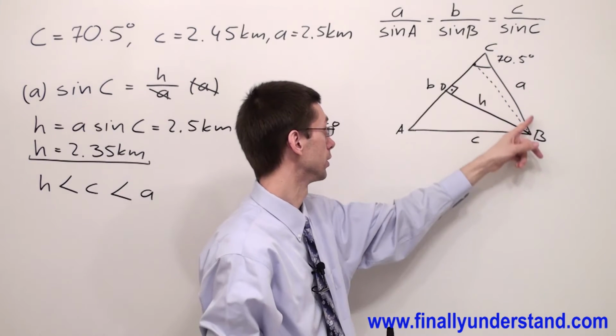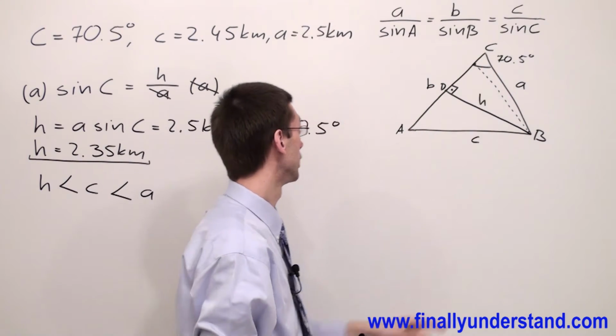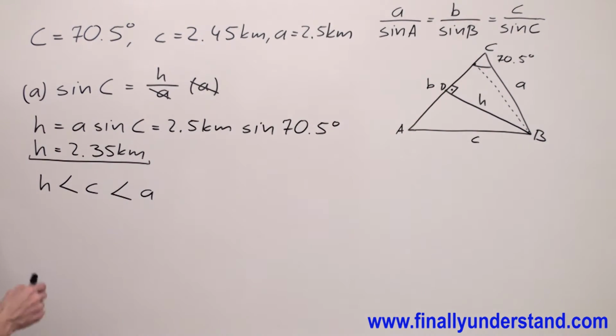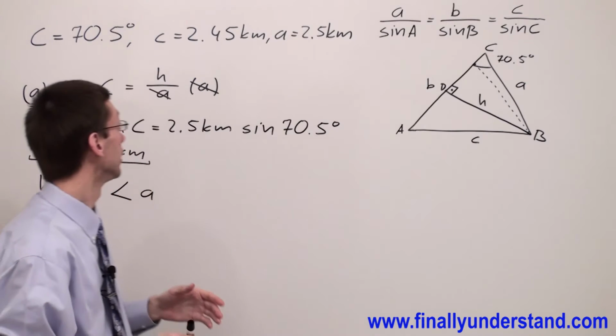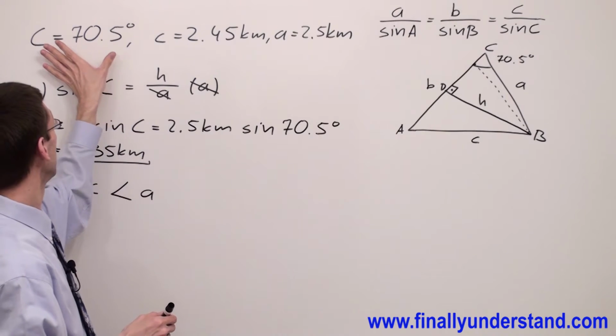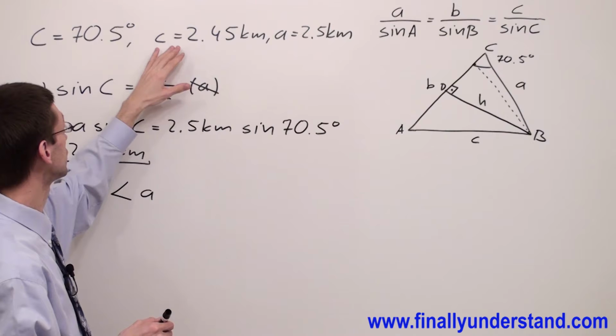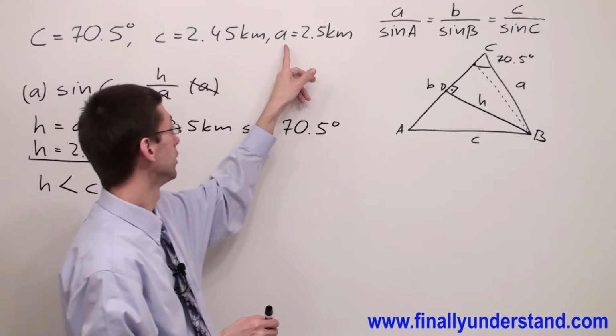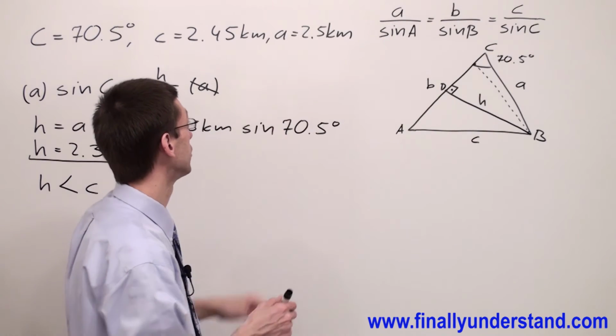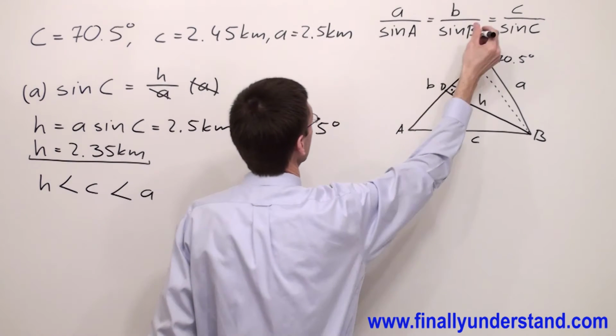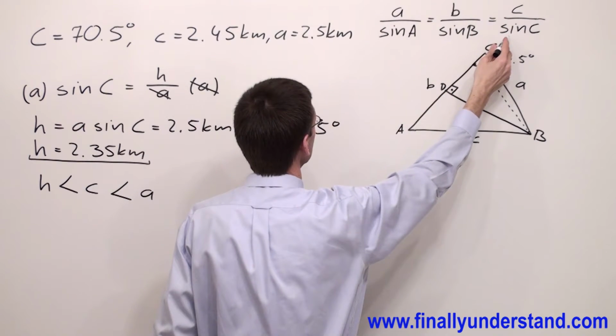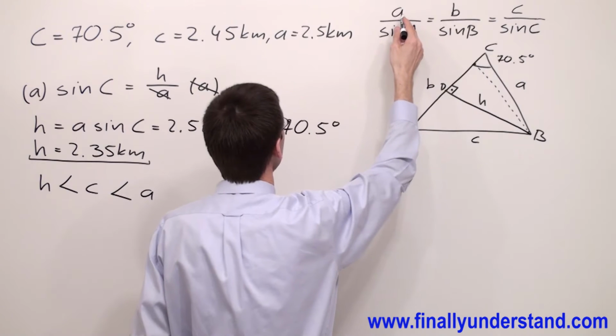So let's talk about the first one. I'm going to use the law of sines in order to find angle A. Again, someone is going to ask why you are looking first for angle A. Because I have angle C given, side C given, and side A given.